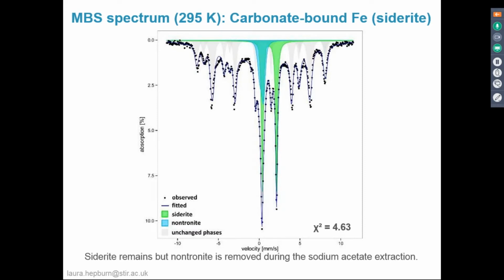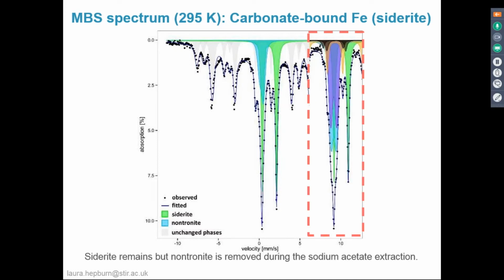However, this isn't the most worrying thing. In comparison to the unleached spectrum, what we see is that the nontronite, this blue phase, has also been significantly removed in this initial step. Nontronite is an iron silicate. This shouldn't be targeted until the very last step in the procedure.